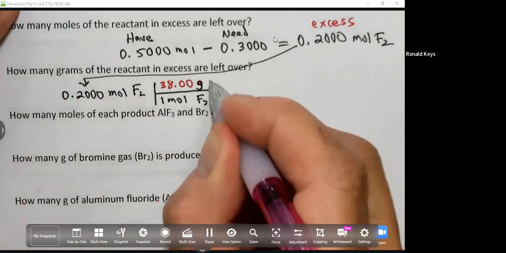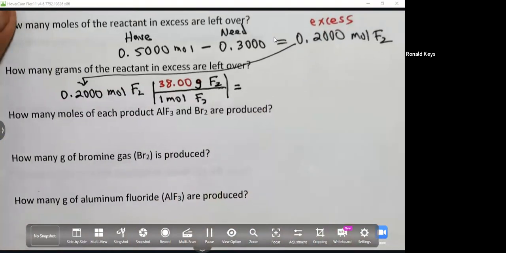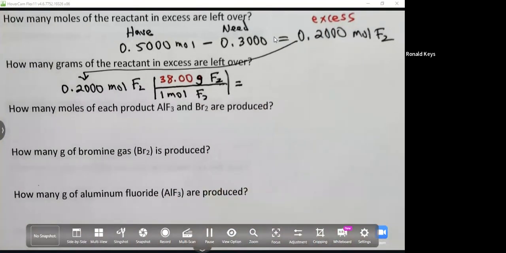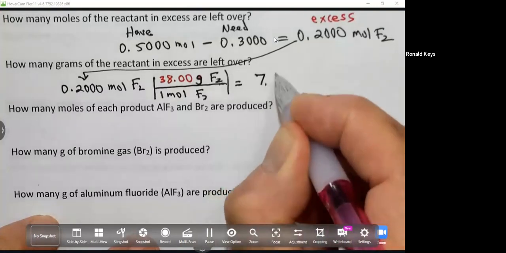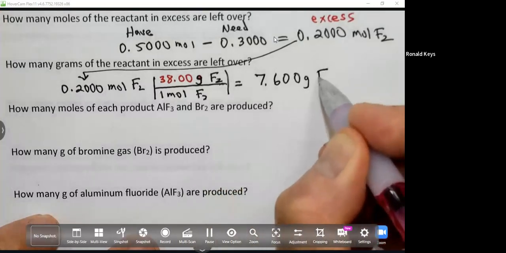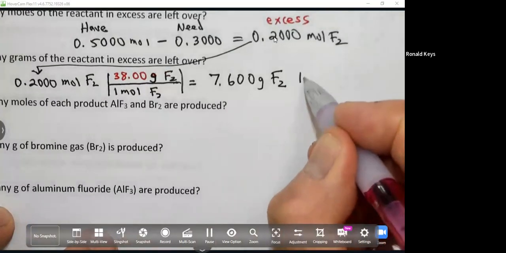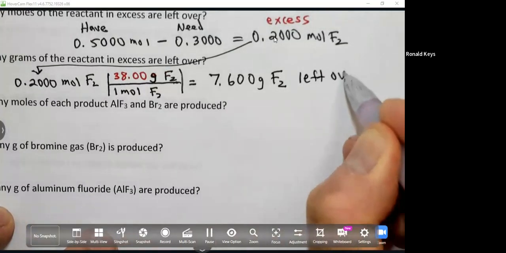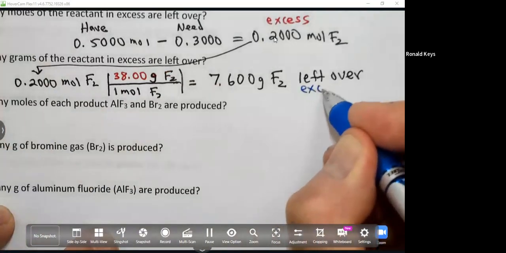Grams. Still at 4 sig figs so far. So 7.60 grams of fluorine left over. Excess, right?